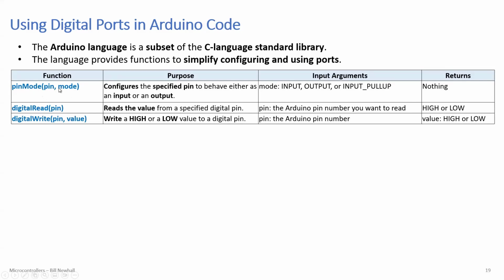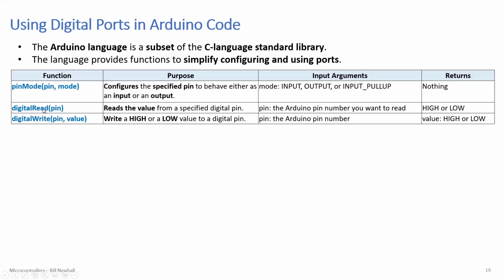So you have pinMode, and this configures the pin to behave as either an input or an output. So this is going in and actually changing those bits in that memory location, in that register, to change the pins to be either inputs or outputs.